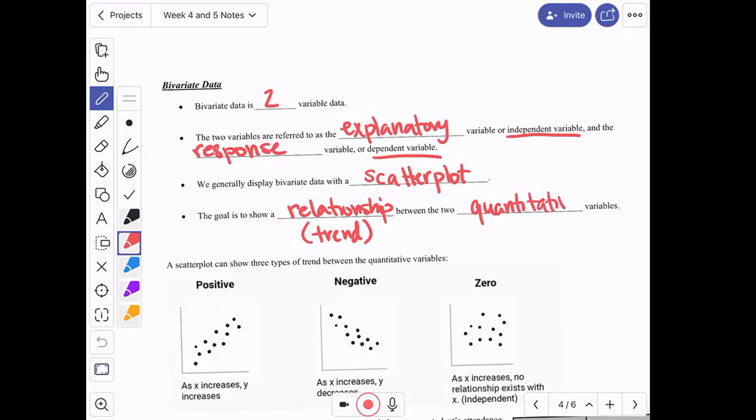So the goal is to show that there's some kind of relationship or trend between these variables. And by this relationship that we're going to develop, we're going to talk about this concept that we call independence.